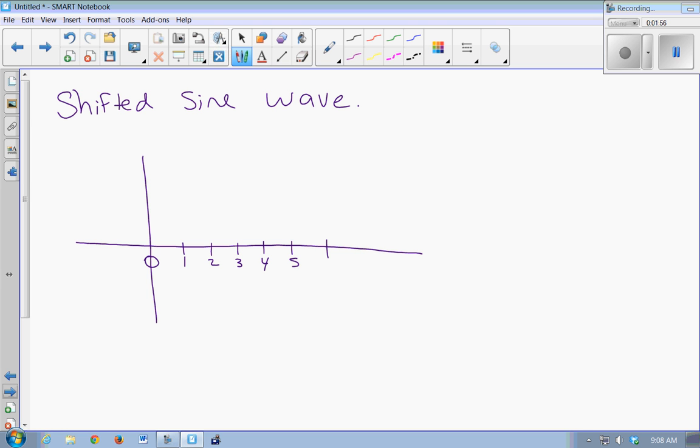Okay, and we'll say we have a high point at 1 and a low point and another high point at 5, because this is going to be sinusoidal, and we'll put a low point halfway between those two at 3, and then halfway between the high point and the low point it'll hit a middle point, so at 2 and at 4. Okay, so this is going to be one period of a sinusoidal function.